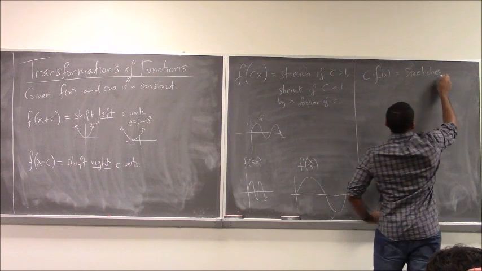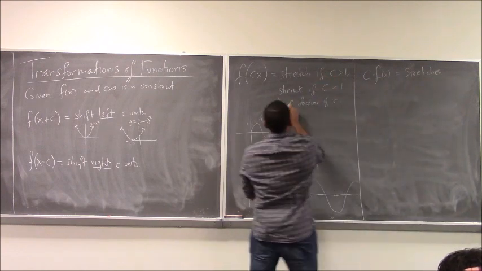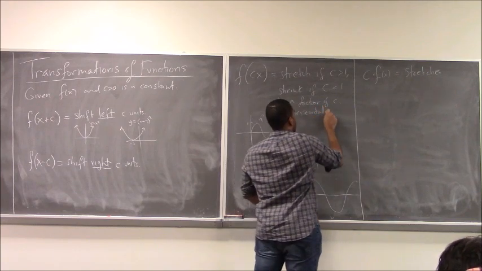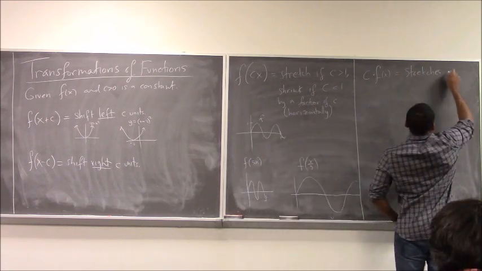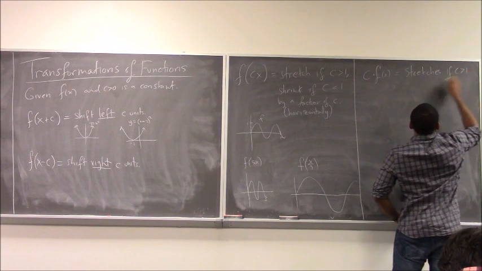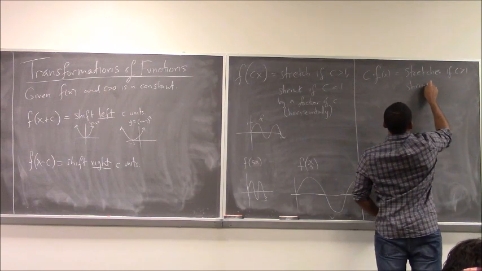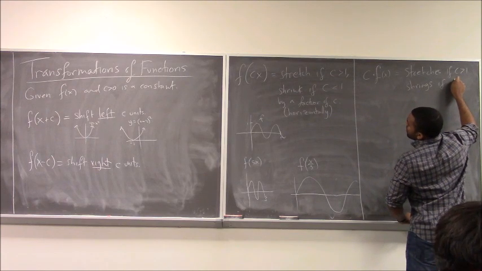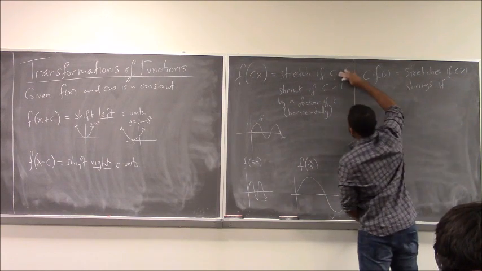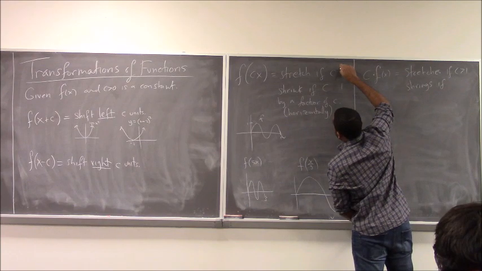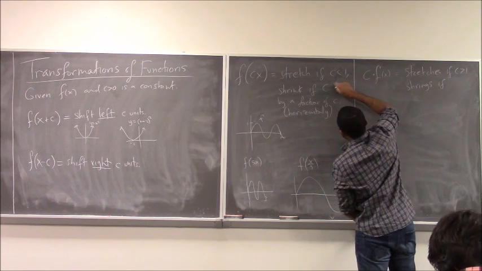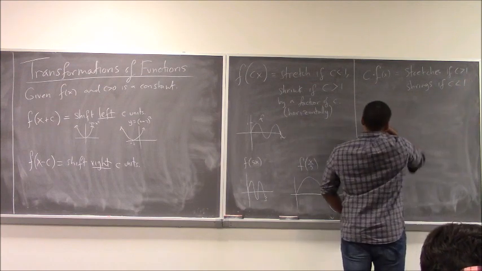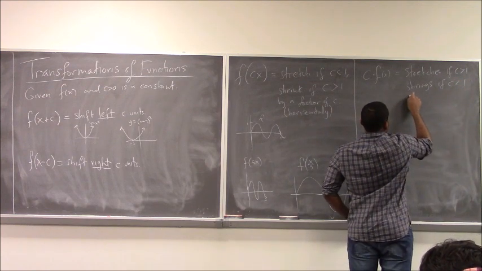This is the one that stretches horizontally. If c is greater than 1, it shrinks. I think I was thinking of horizontal. So it's stretch if it's less, shrink if it's bigger. Vertical.